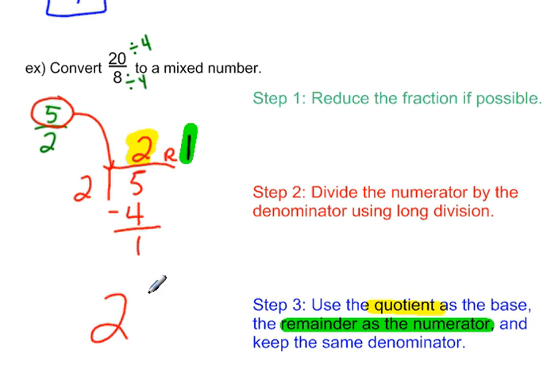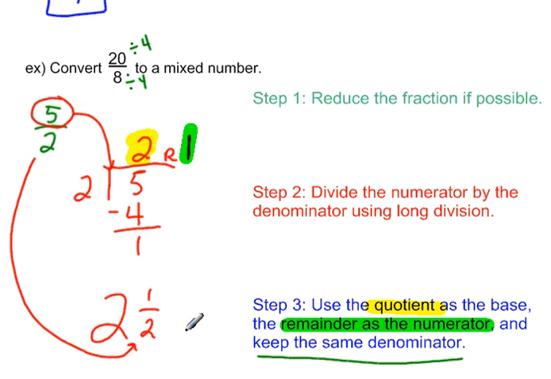So I'm going to take that 1 and create it as our numerator. And then the last step just says keep the same denominator. My denominator was 2 to begin with, so that's going to come back and be the denominator in my mixed number. My mixed number will be 2 1/2.